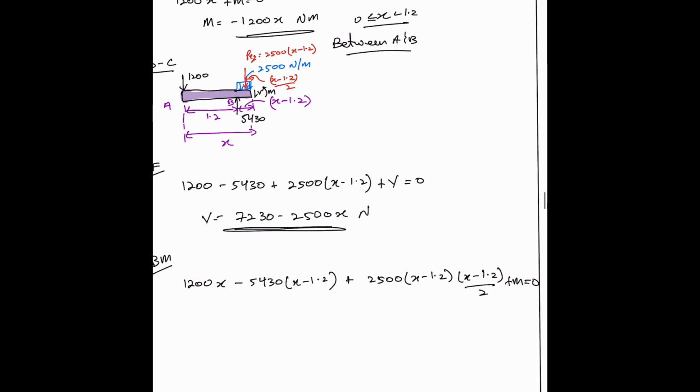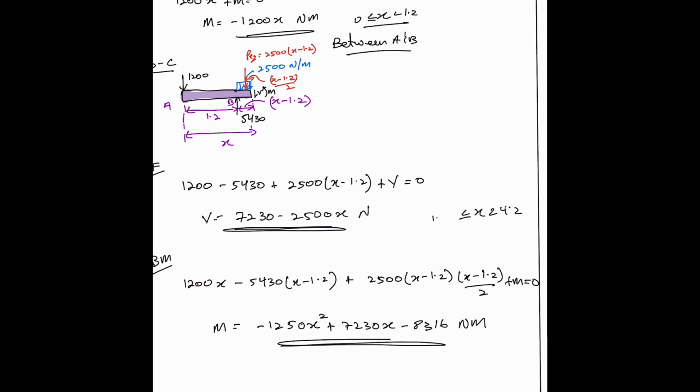So that'll be our equation. Now, again, some algebra, we have some multiplication to do, and we'll end up with M equal to this. So that's our equation. All this here is valid for x less than 4.2. That's our valid region.